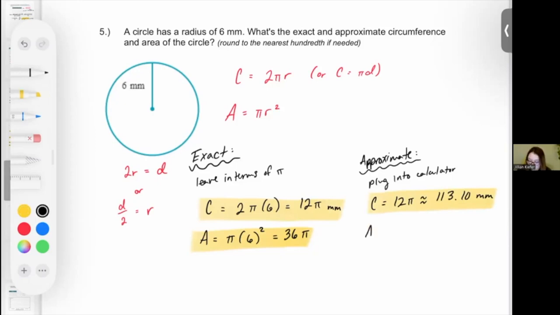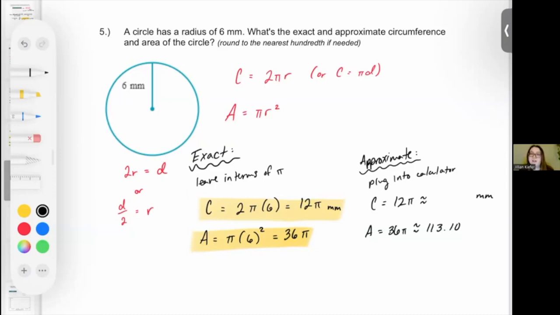Then for the area, we have 36 pi, which we will plug into our calculators and do 36 times pi, which will come out to about 113.10 will be the area. That is 36 times pi. That was an error on my part. So 36 times pi is 113.10.